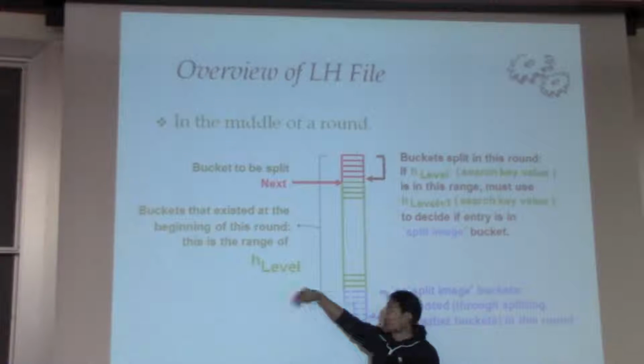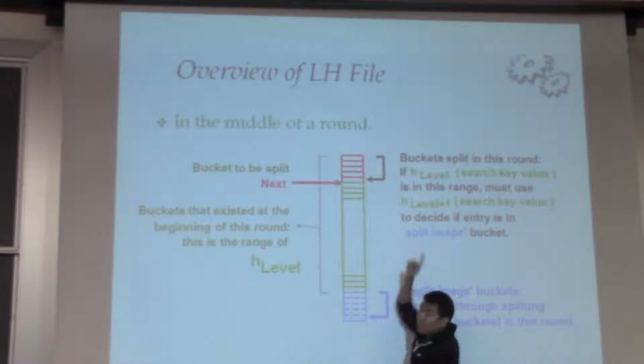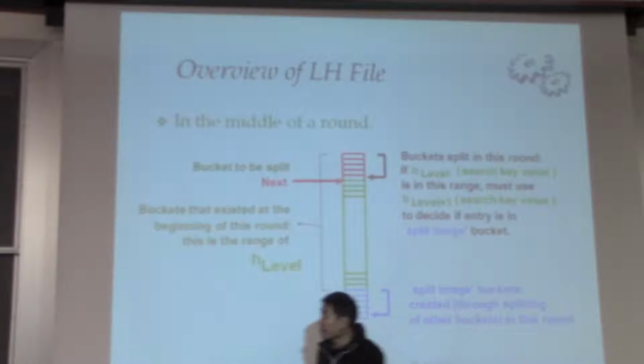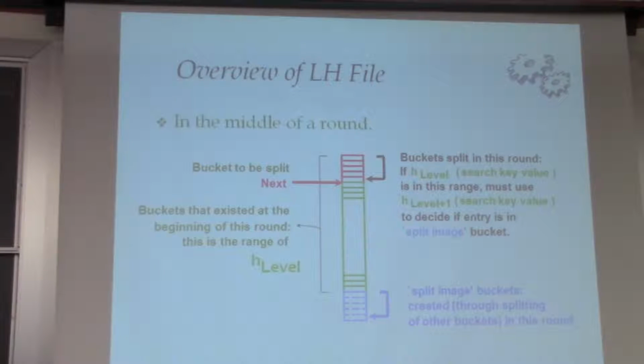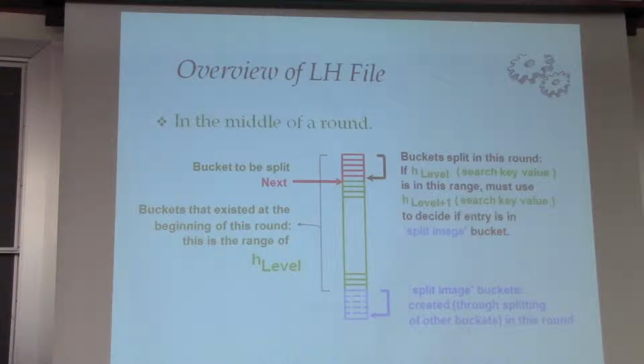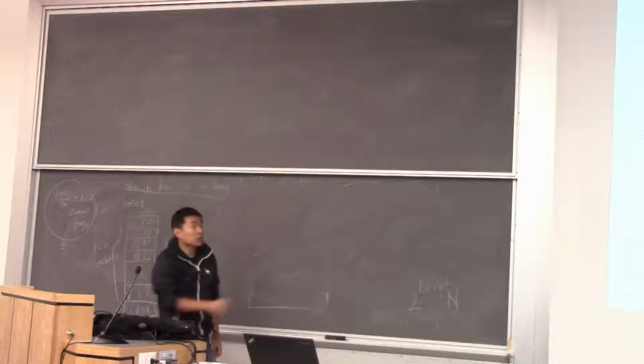In this round, we have this many green buckets. How many green buckets are we going to have? 2 to the power of level times n. Why? Because of the hash family we're using. Do you remember the hash family we used to construct linear hashing?